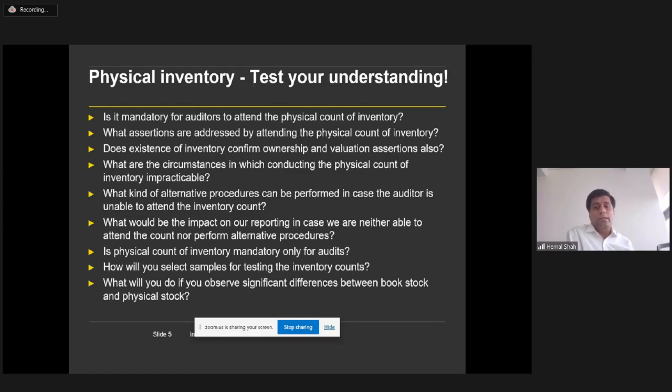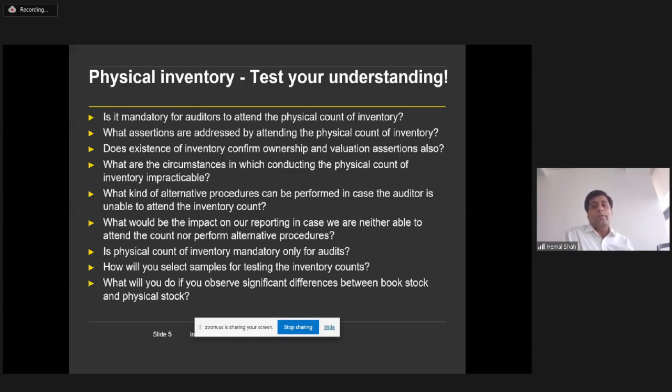If there are high differences, it raises a question on the entire ICFR framework. So the auditor needs to review the ICFR opinion very critically, whether it requires any modification, and if ICFR is qualified or modified, whether it also requires any modification in the main audit report.